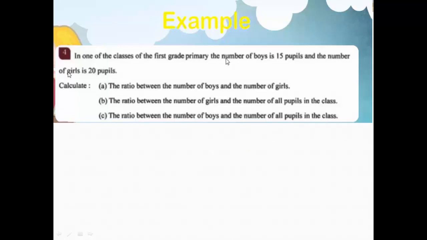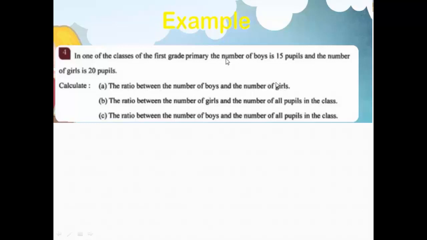Take care, in the questions, if they ask you for the ratio between, we put two dots after between. Sorry, the ratio between the number of boys and the number of girls.